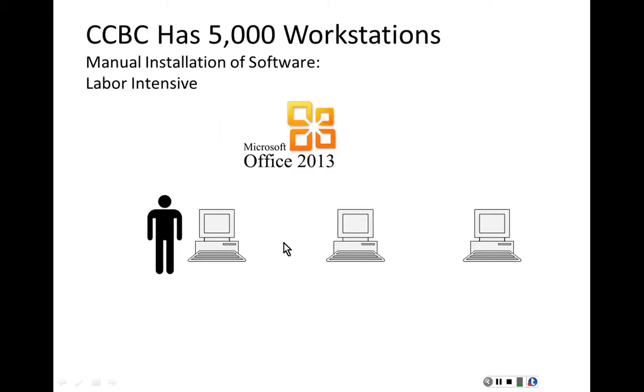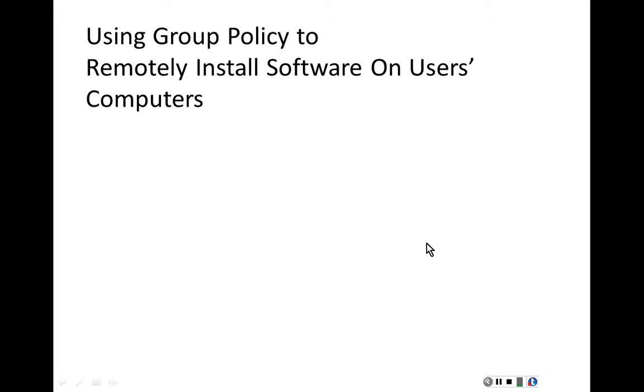As I've mentioned before, the Community College of Baltimore County has 5,000 workstations, and to manually walk around to install Microsoft Office on each individual computer would be tremendously time-consuming and labor-intensive. So what we do is we use group policy.